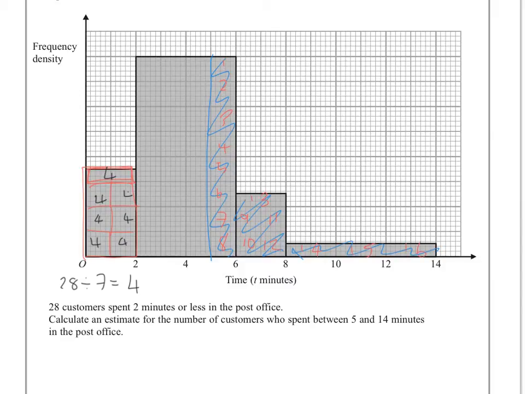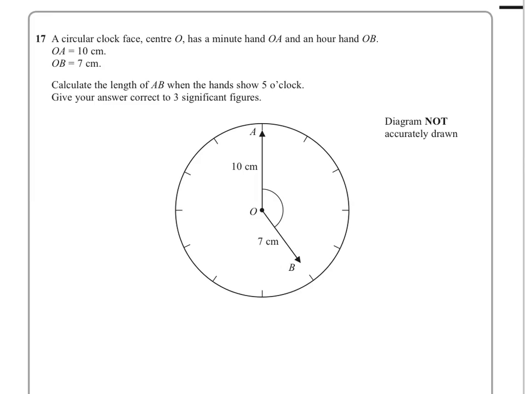So I've got 16 of these 5 by 5 little squares. We've said each square represents 4 customers. 16 times 4, which equals 64 customers.